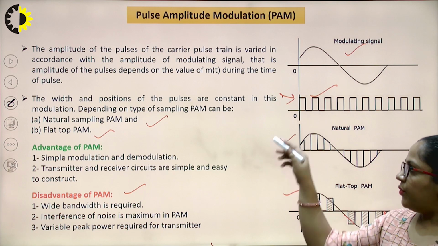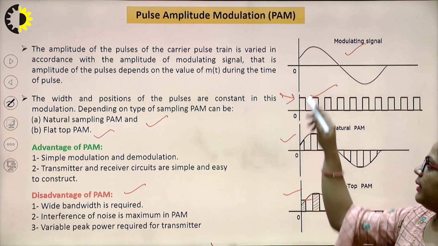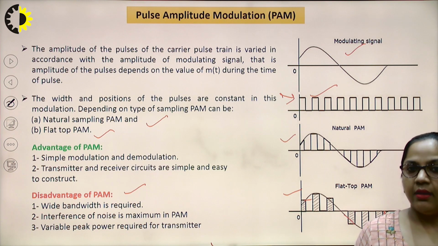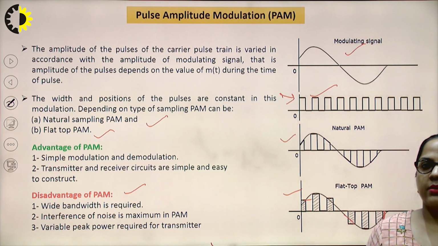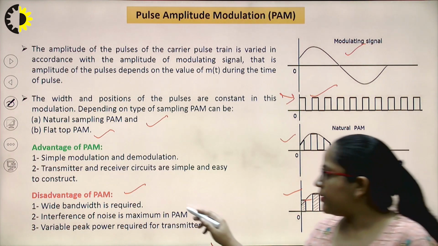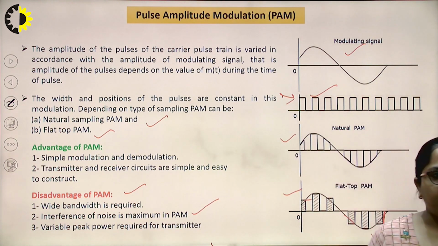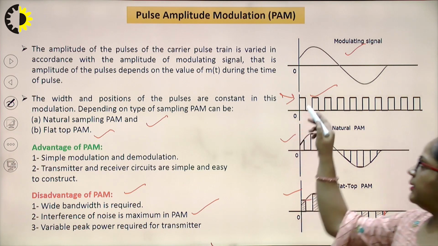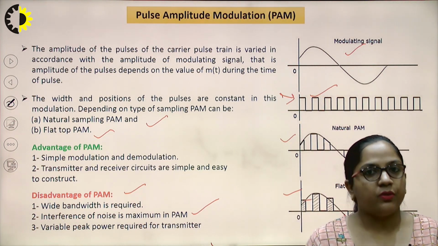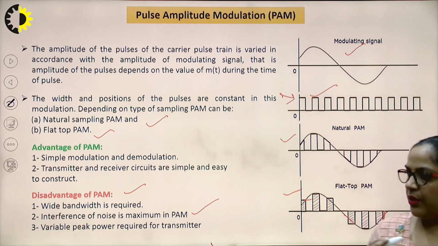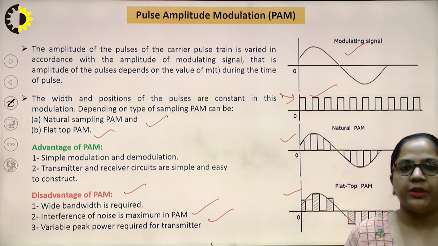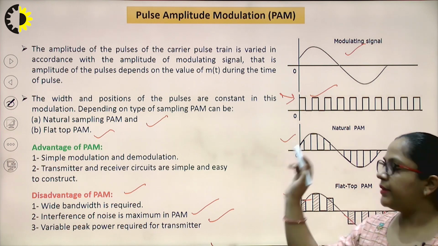As the information is contained within the variation of the amplitude of the carrier signal, the effect of noise is more in case of pulse amplitude modulation. It is less immune to interference. Here, the amplitude of the carrier pulses is varying according to the amplitude of the modulating signal, so we also require variable power for the transmission of the PAM signal.